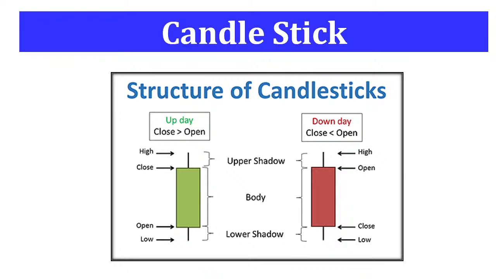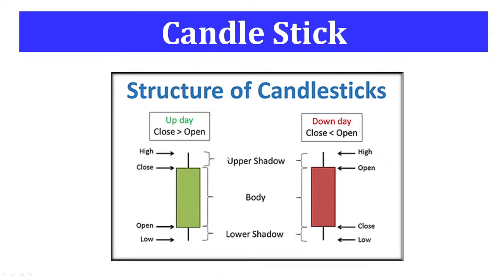Now, the most commonly used charts in the technical analysis are the candlestick charts. Now, the candlestick has two major components. One is called the body of the candle, and another is called the shadows of the candle. Now, what is a body? Body is nothing but a difference between open and close.